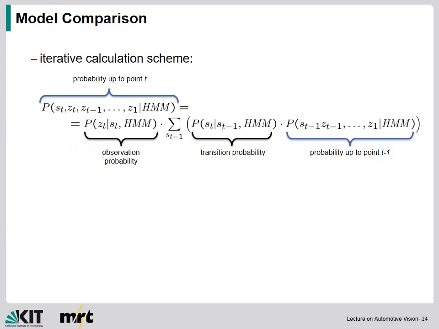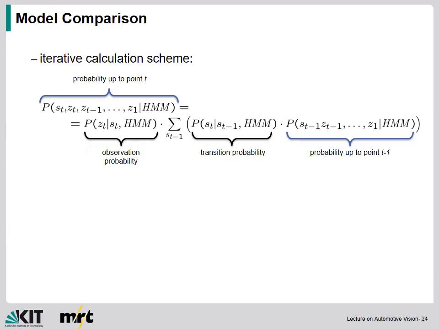So here we can see that again. This kind of probability that we want to calculate on the left-hand side up to point in time t can be written as a combination of an observation probability, some transition probabilities, and that same kind of probability that we want to calculate, but for the previous point in time.